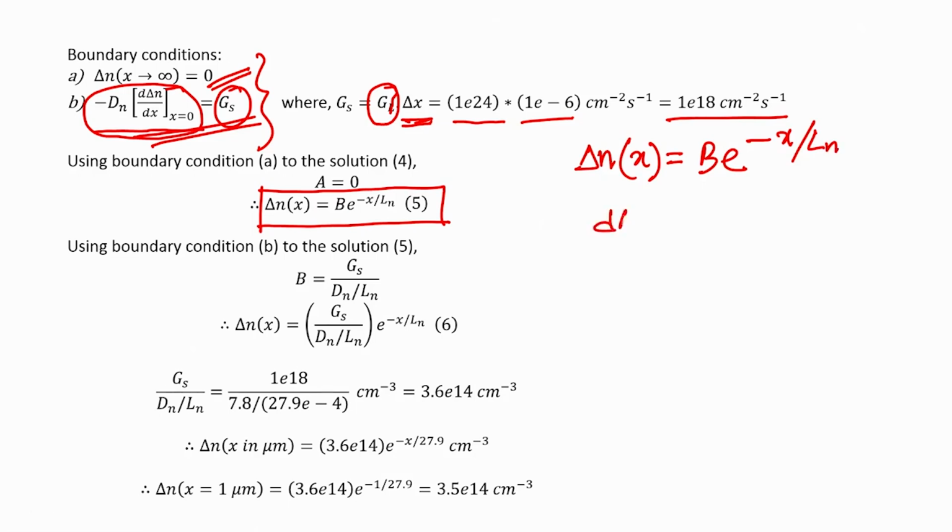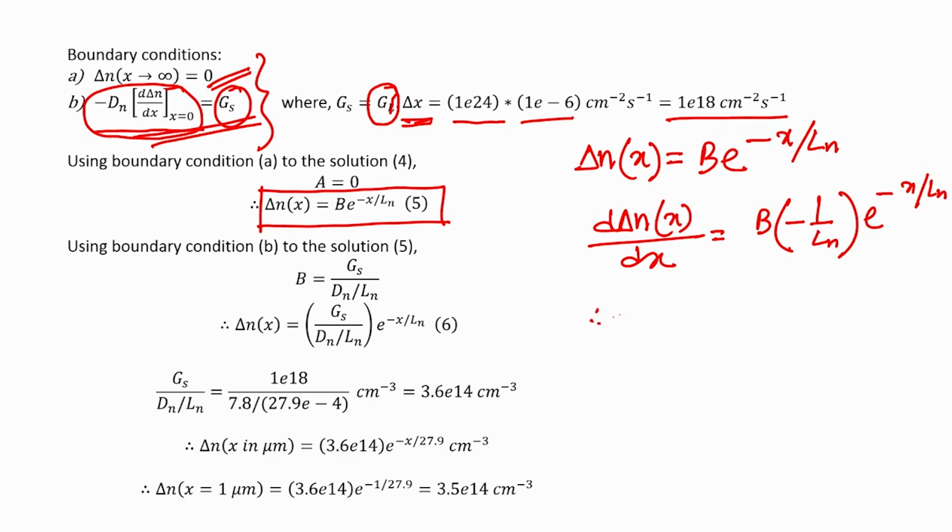So, d del n x dx is equal to B times minus 1 by Ln times e to the power minus x by Ln. Therefore, d del n x dx at x equal to 0 will be equal to minus B by Ln.